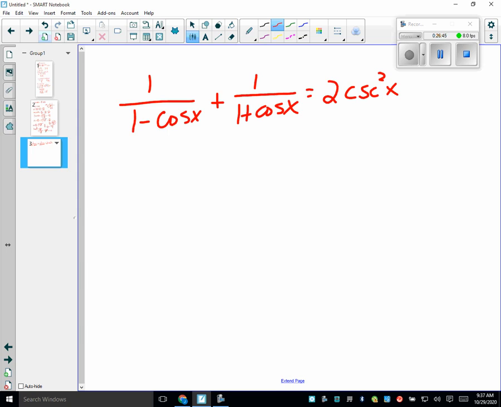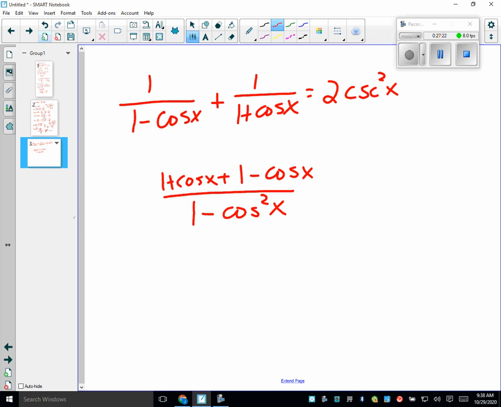Which is the opposite of difference of squares. Don't I want a common denominator? Oh, so you just multiply each side by whatever it is. Common denominator. So this is 1 plus cosine of x, and this is 1 minus cosine of x. Is that right? Yeah. What's in my denominator? Denominator is 1 minus cosine squared x.